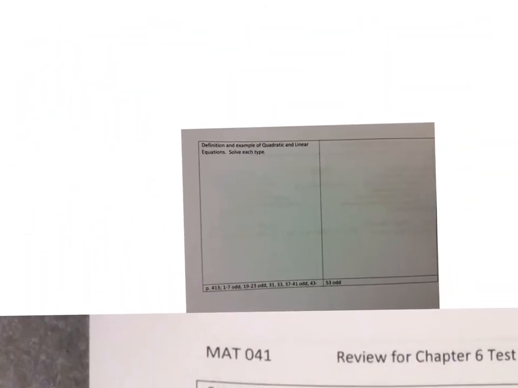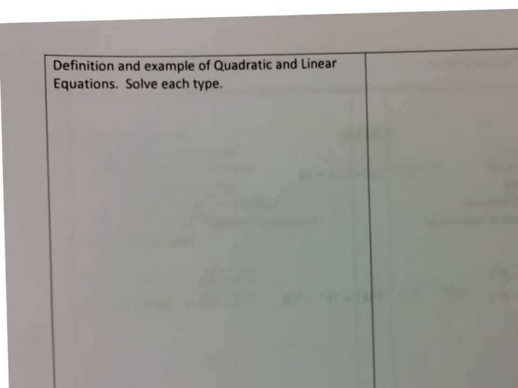So the other thing I want you to be able to do on your test is differentiate between a quadratic and a linear equation. So I'm going to ask you, and I've never done this before, 41, but I'm going to do it this time. I'm going to ask you to define them.